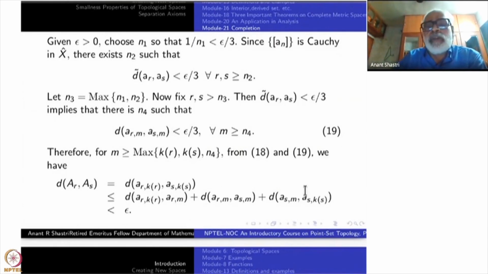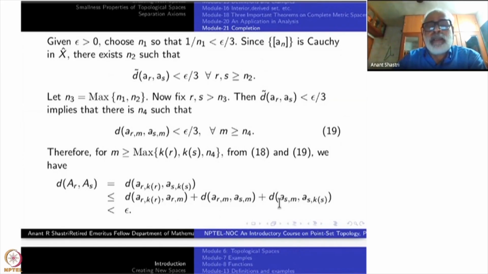So I just use the triangle inequality now. D of AR, AS, what are AR, AS? By definition, AR is the point with index KR, AS with index KS. So this is the ordinary distance of the metric space X. Triangle inequality: it is three different sums, namely from AR, KR to ARM, where M is chosen to be larger than all these, plus ARM to ASM, jump to ASM, and from ASM come back to AS, KS.